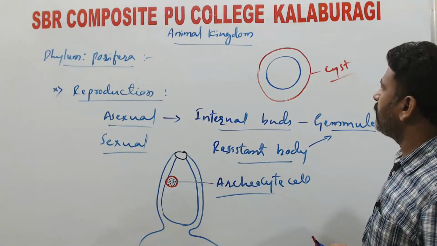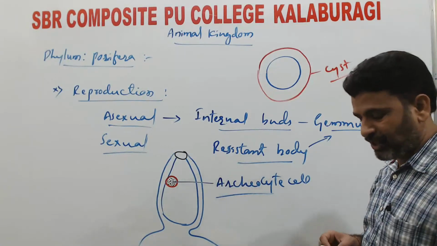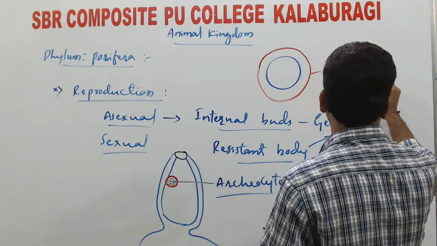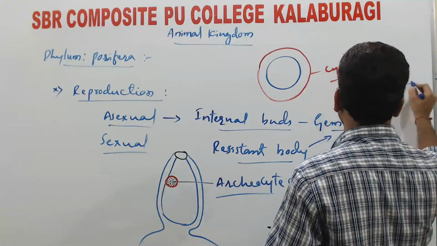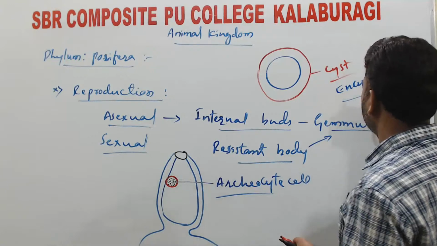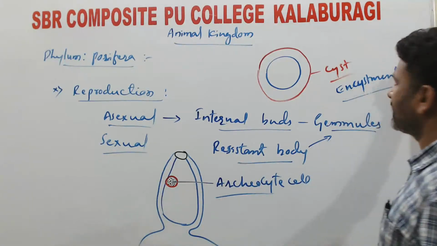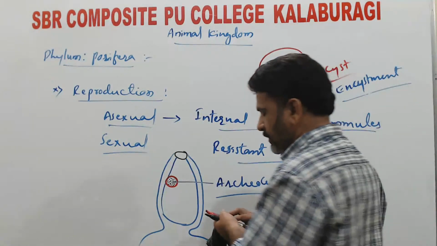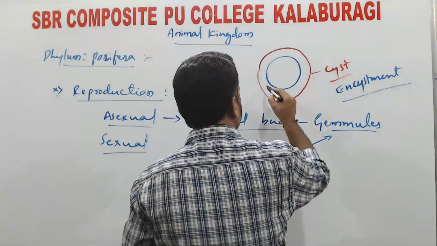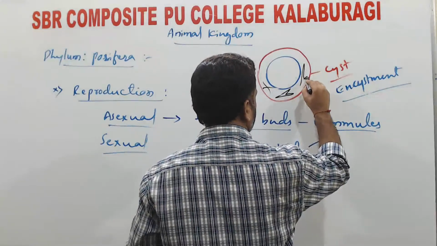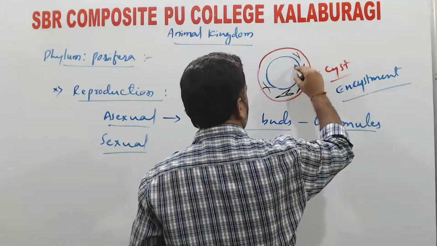The process of deposition of the cyst around the body is called encystment, or encystation. Around this body there is a presence of numerous spicules.